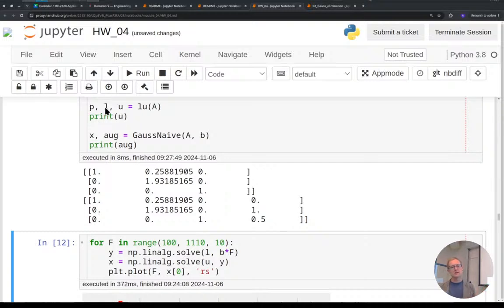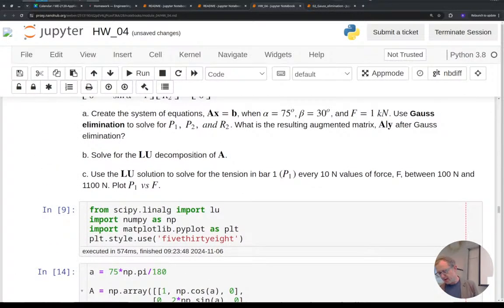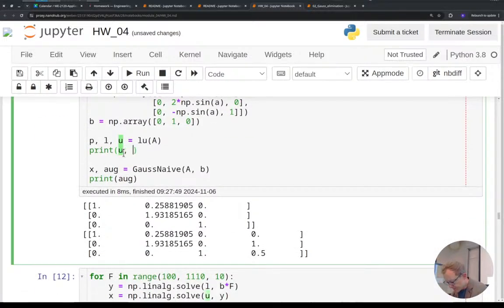So is the answer basically the U output when you solve for the LU decomposition of A? When you're saying solve for, what is it actually expecting to output? Oh, just to answer the question it's stating, what is the output it's looking for? For part B, we're actually looking for the L and U matrices.